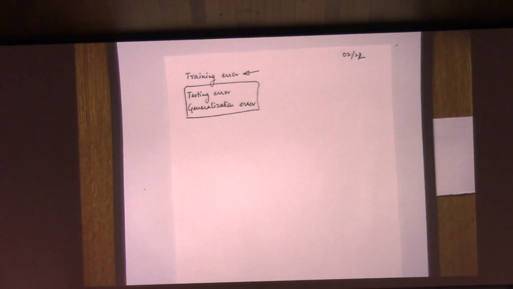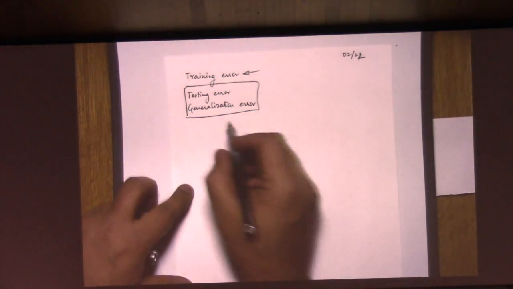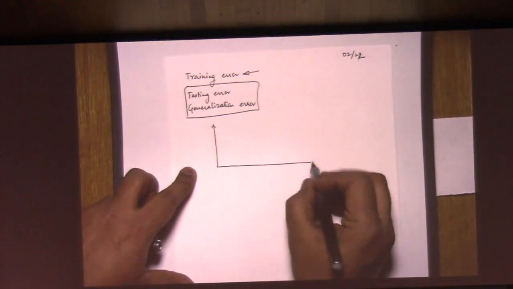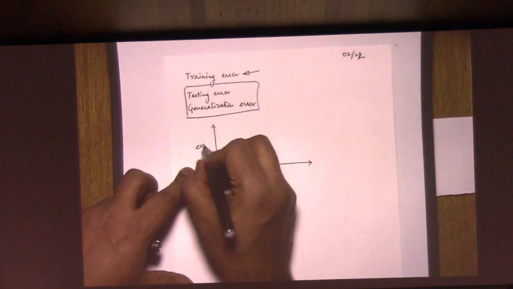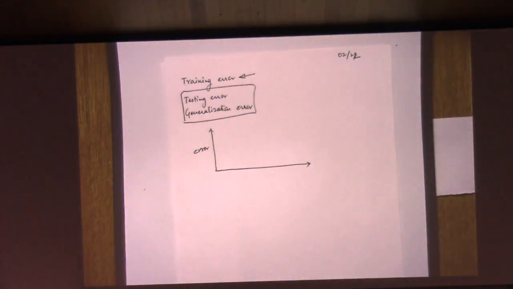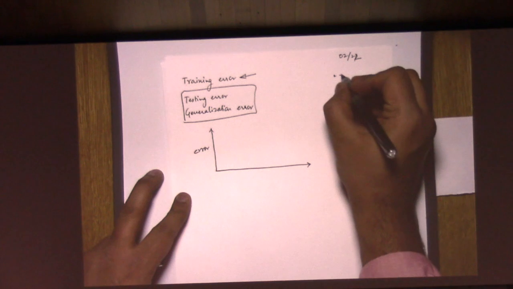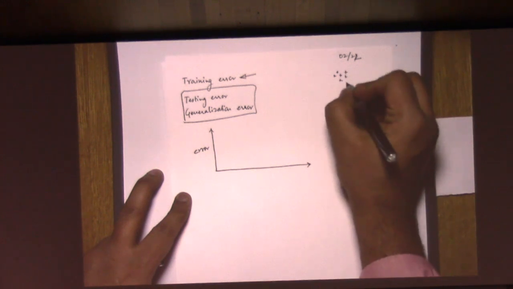Okay, so first let us look at how to minimize the training error. Let's say this is just a hypothetical plot where this axis is error. Now, the way to minimize the error is by making your model more and more complex. For illustration, let's say you have two types of data points, and you're trying to distinguish between them.